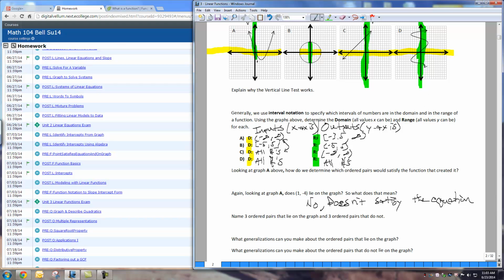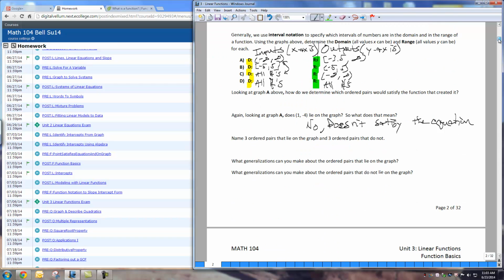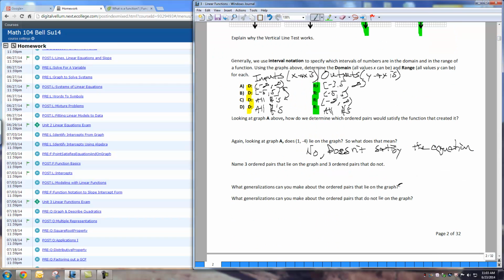All the ordered pairs that lie on the graph satisfy the function or equation. Let's say equation. The ones that do not lie on the graph do not satisfy. So they do not make it true when you plug the ordered pair in to the equation.